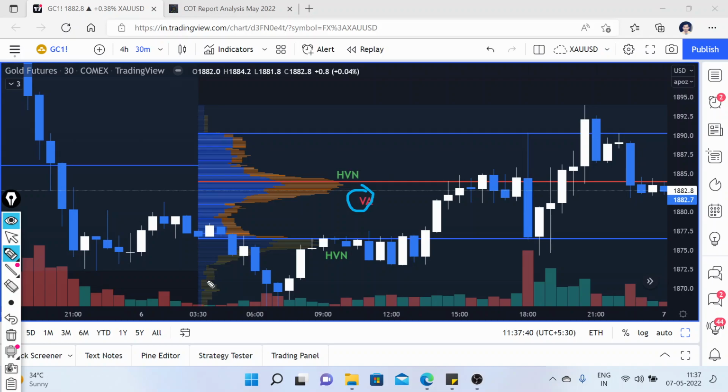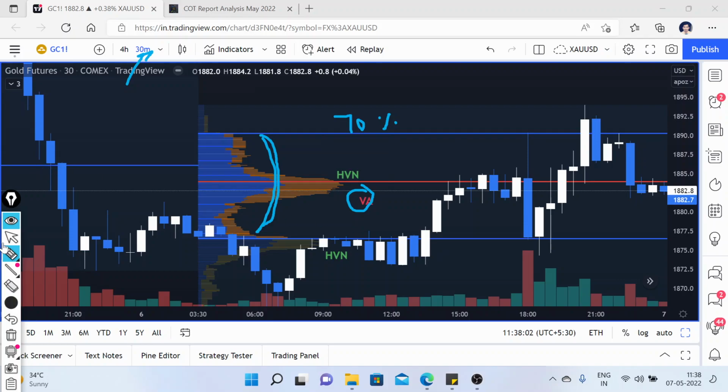I put it on the daily chart, and you can see from the time frame, this is a 30 minute time frame. So this is the value area, where 70% of the volume has been traded today, and the rest is not our value area.